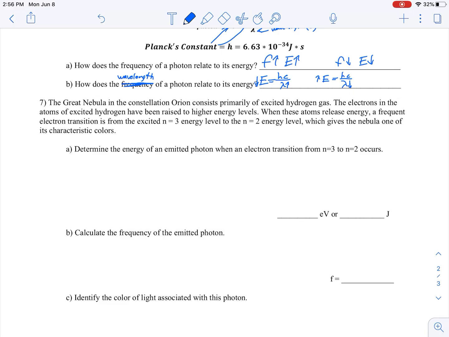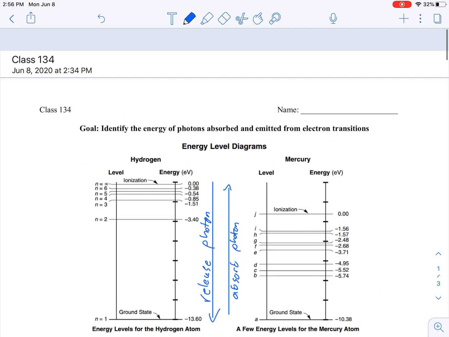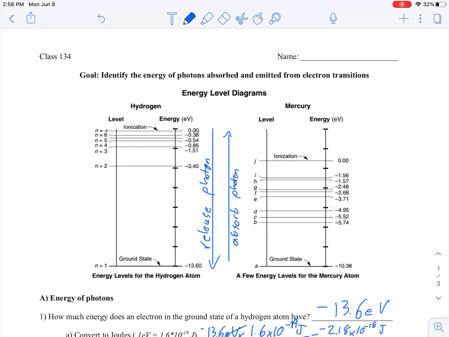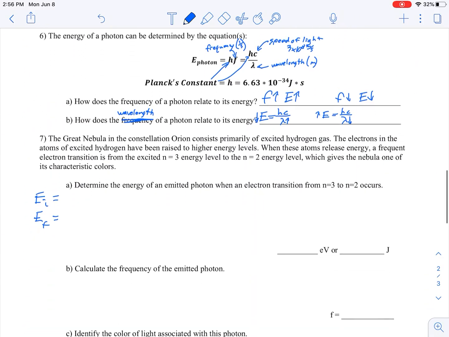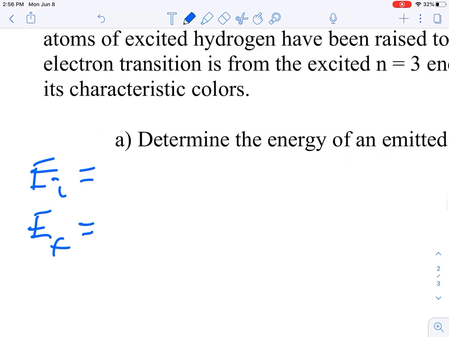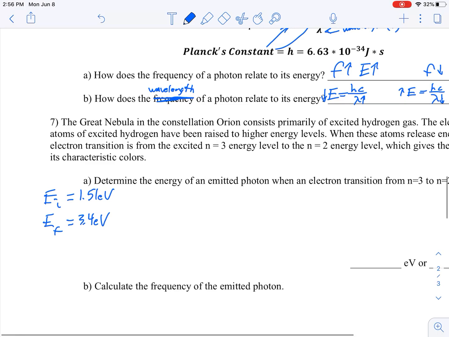So determine the energy of an emitted photon when the electron transitions from n equals 3 to n equals 2. So n equals 3 is our energy initial, n equals 2 is our energy final. Got to go to the top, right? So n equals 3 is 1.51 electron volts, n equals 2 is 3.4 electron volts.